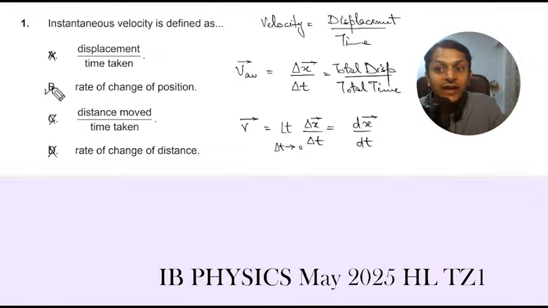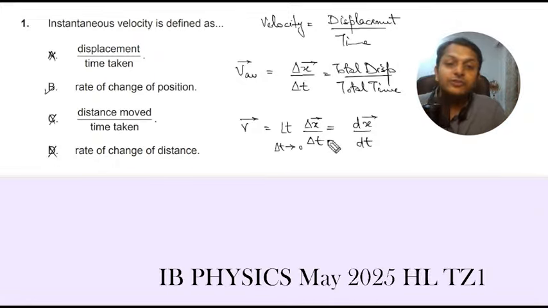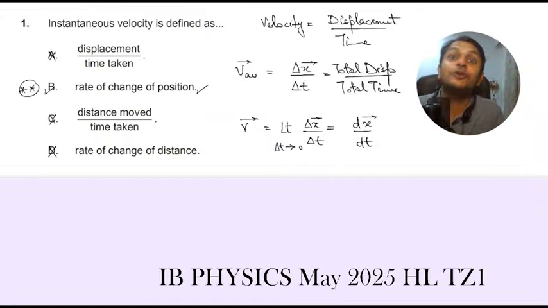But B, on the other hand, is rate of change of position, which literally translates into the change in the displacement of the body. So it is the change in the position. Instantaneously there is a change in position, so you're literally talking about the change in position. By the way, this is the very best definition for displacement also.